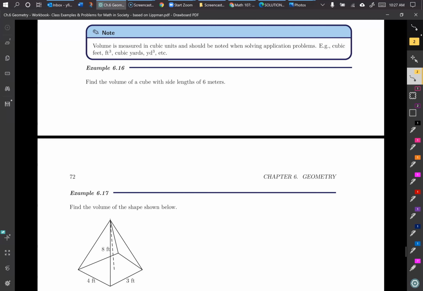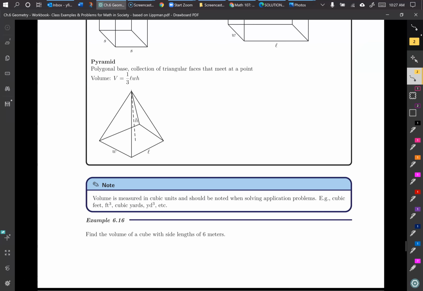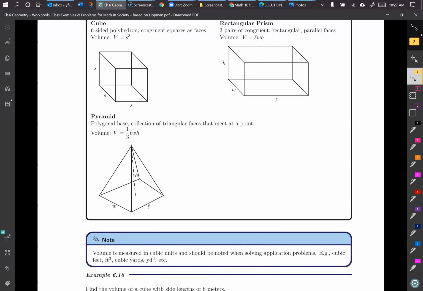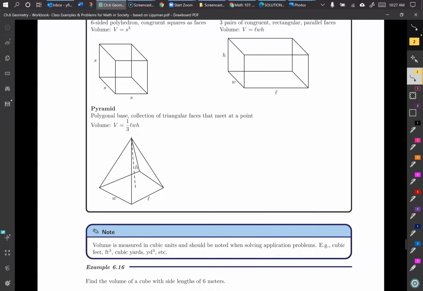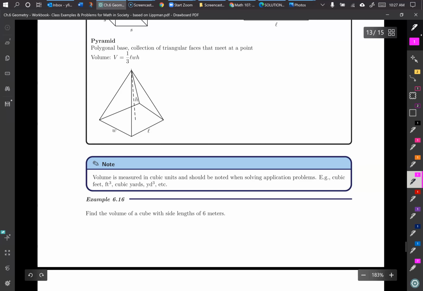So I'm going to look at example 6.16. Find the volume of a cube with side lengths of 6 meters. Actually, I'll just pull this down so you can see the formulas again. You might want to jot those down on an index card or something, but the volume of the cube is just side cubed. So go ahead and try that one.